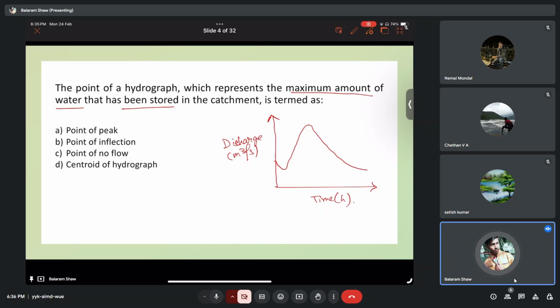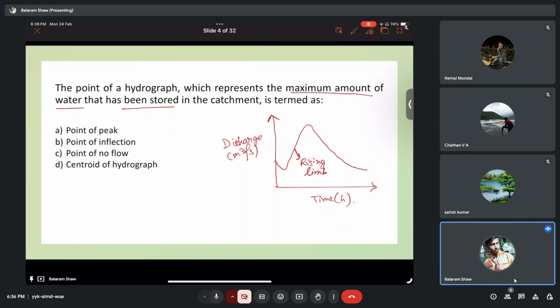So remember this, while I was mentioning the rising limb, I mentioned that the rising limb represents the amount of water that is stored in both overland and channel phases. So as rainfall is happening, the water is getting stored, or flowing as runoff, or stored in both the overland flow or channel phases.